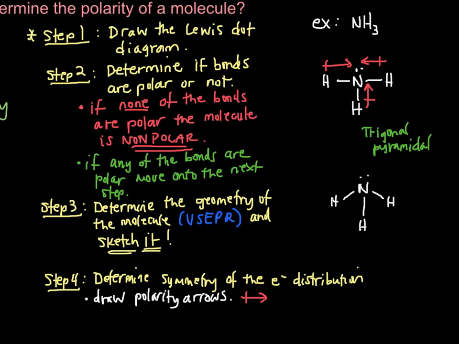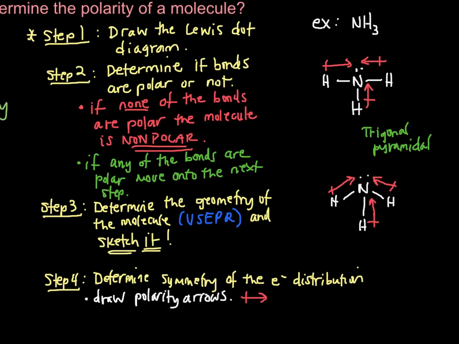Step number 4 says that we need to determine the symmetry of electron distribution. So I'm going to draw those polarity arrows back on here. And you will notice that all of them point in the same direction. They all point towards the nitrogen, right? So they're all pointing up towards the nitrogen in the same direction.